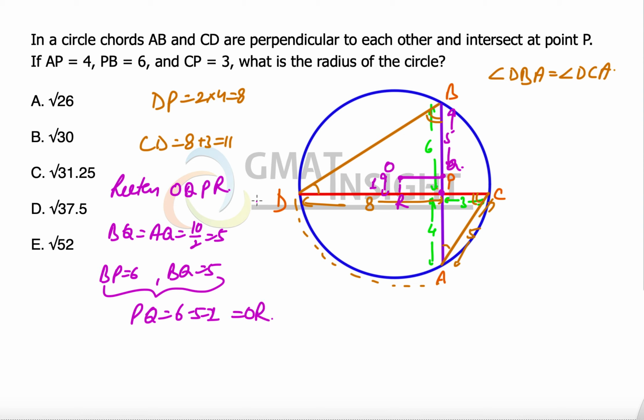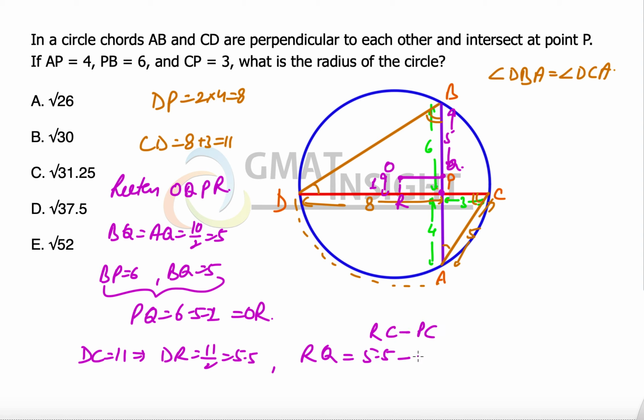So OR is 1. Similarly, this entire chord has length 8 plus 3, 11. Now we know that DC is equal to 11, which means DR will be equal to 11 by 2, which is equal to 5.5. So DR is 5.5, and now we are going to find RP. RP will be equal to 5.5 minus 3, so that becomes 2.5.